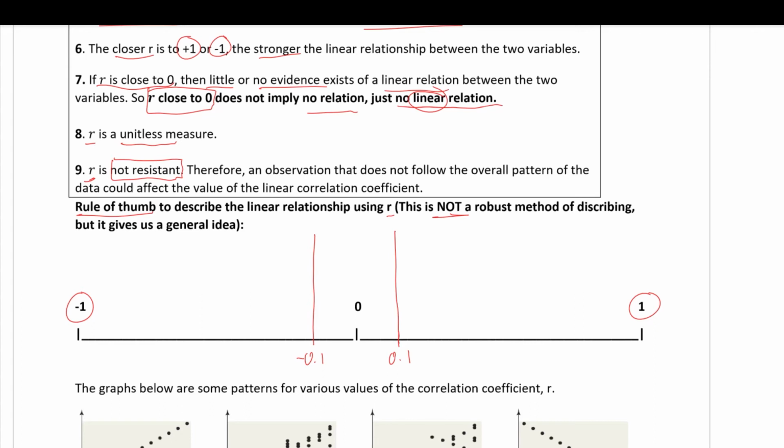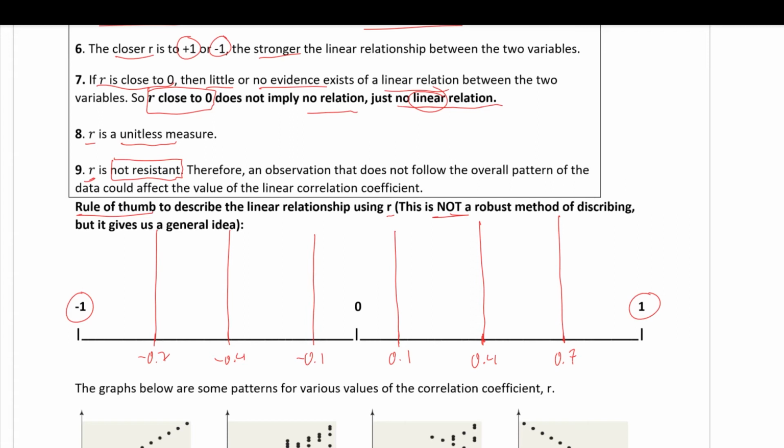And then the next partition, this will be 0.4, and 0.7 seems to be around here. Let's go ahead and partition that. I'm going to do the same thing for the negative, -0.4 and -0.7. Let's start with the very center. I did mention above that if you have r values very close to 0, then what we have is no linear association.